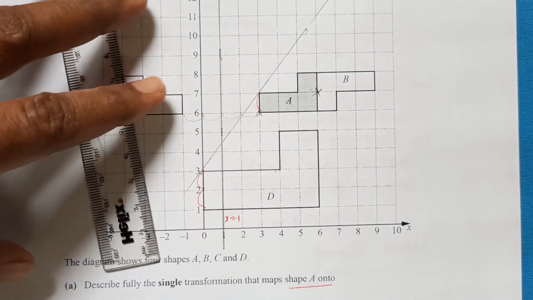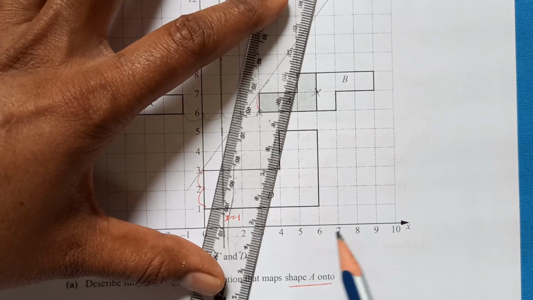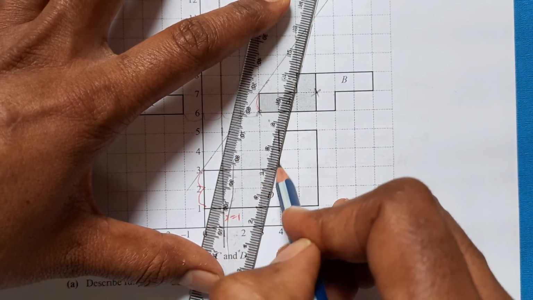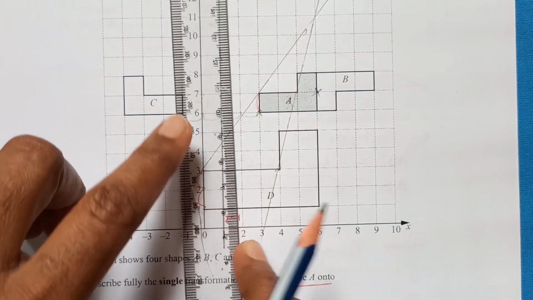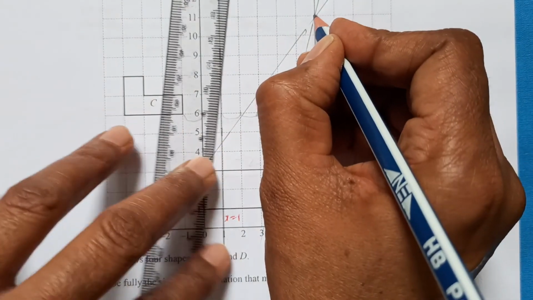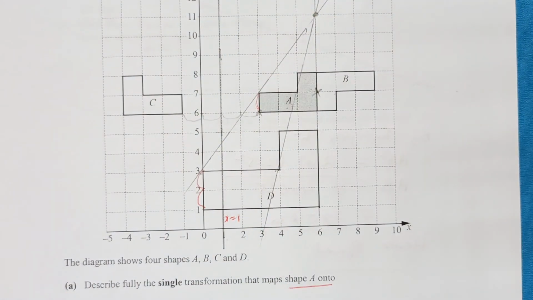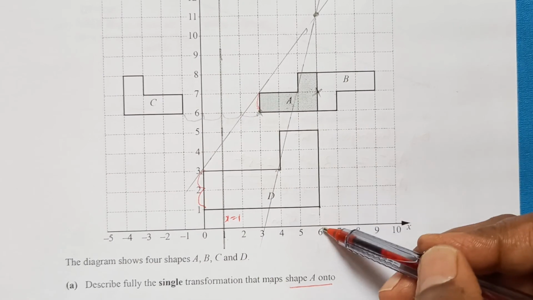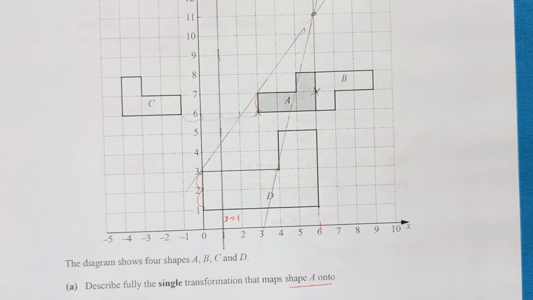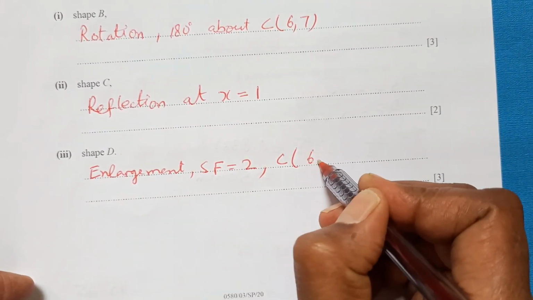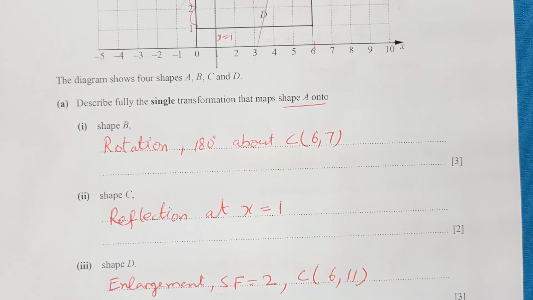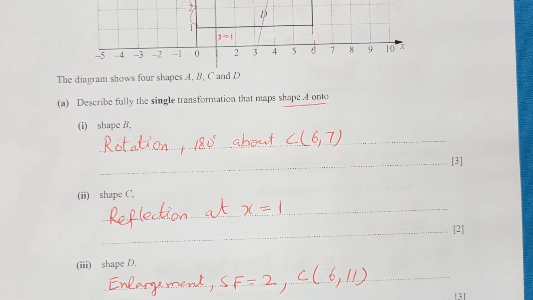Oh, I made a mistake here. So join these corners here, like this. And if you take this corner, it's again coming, so they all intersect at this point. So this is our center. Go along here, this is 6 and 11. So center is 6 and 11. That's how we can describe all these transformations.